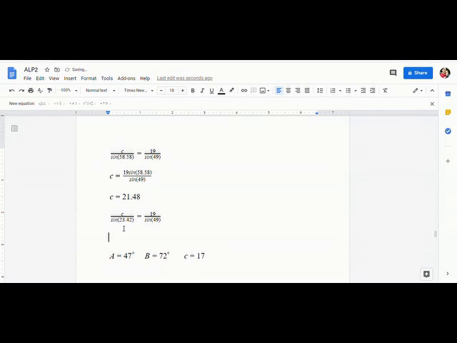Okay, we'll multiply both sides by sine 23.42, gives us C equals 19 sine 23.42 over sine 49. And we just put that into a calculator, and we get our second solution for C with the second angle, and that's going to equal 10.01.